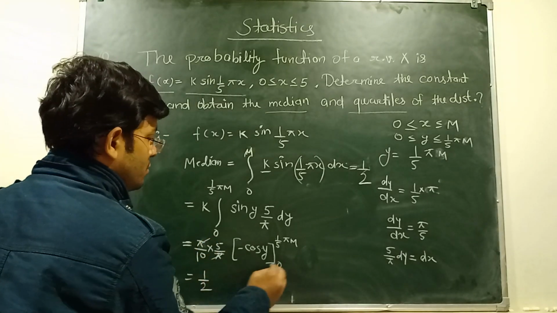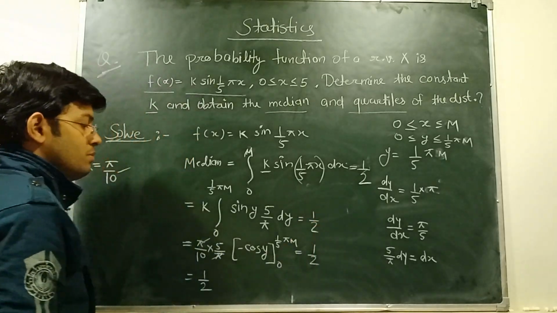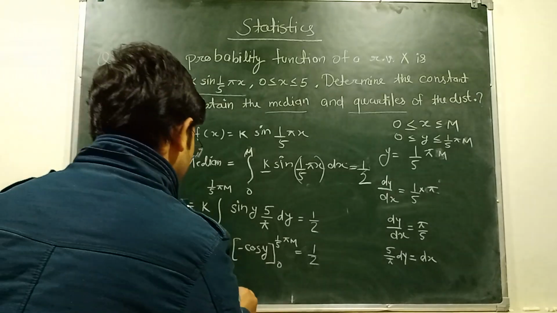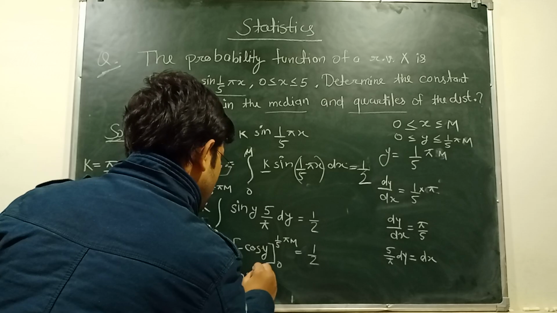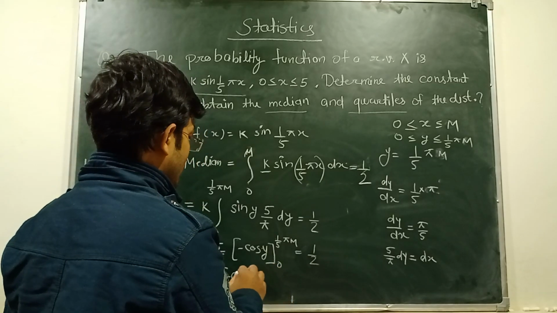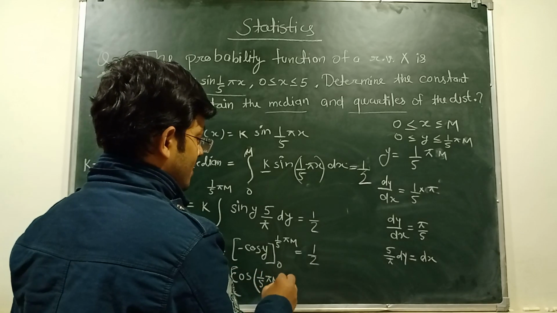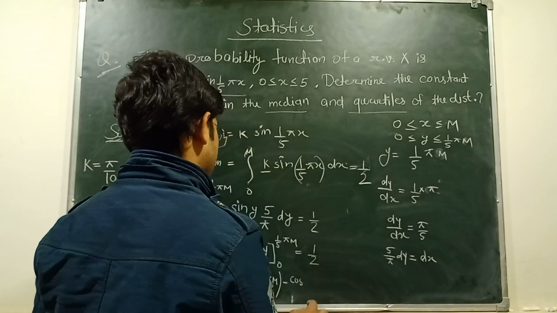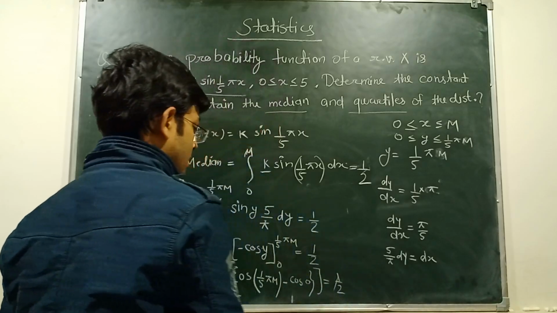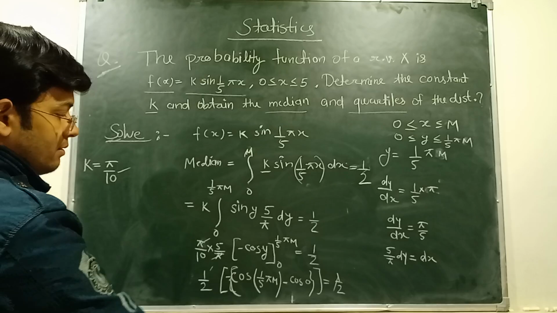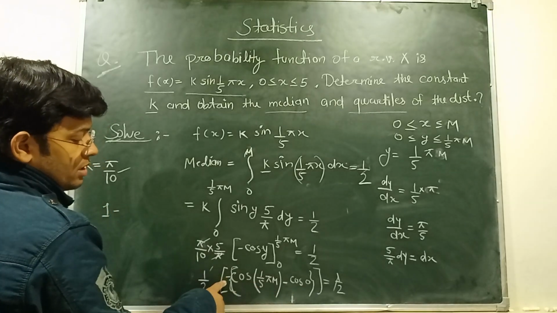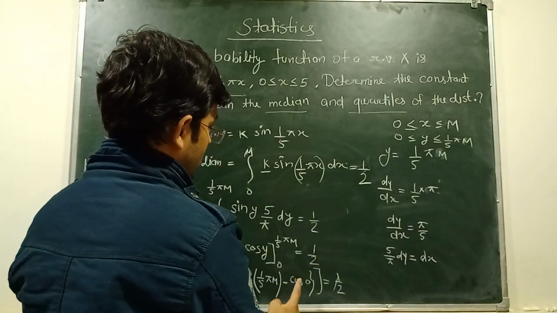So this is 2, and also here is 1 by 2. Now we have minus cos 1 upon 5 pi m minus cos 0 is equal to 1 by 2. 1 by 2 cancels out, and cos 0 is equal to 1, so we can write here 1 minus, because here is a minus sign, so we can change the sign.